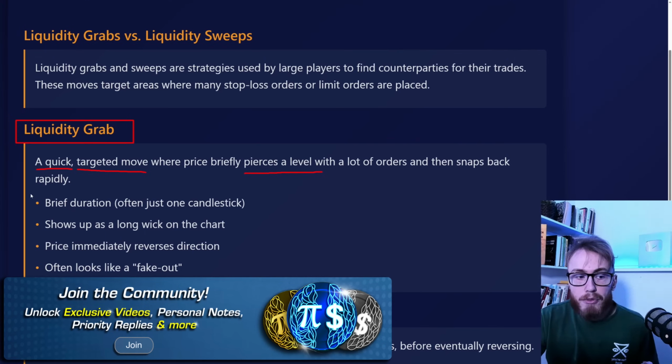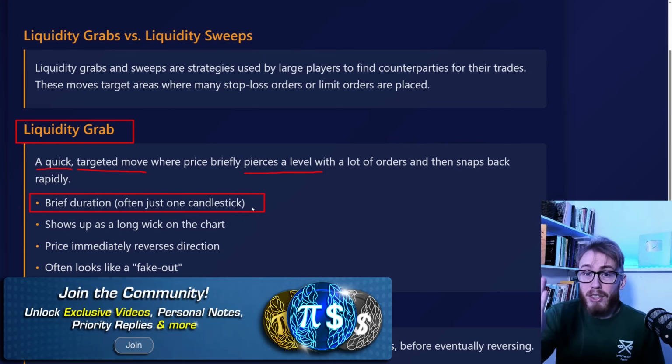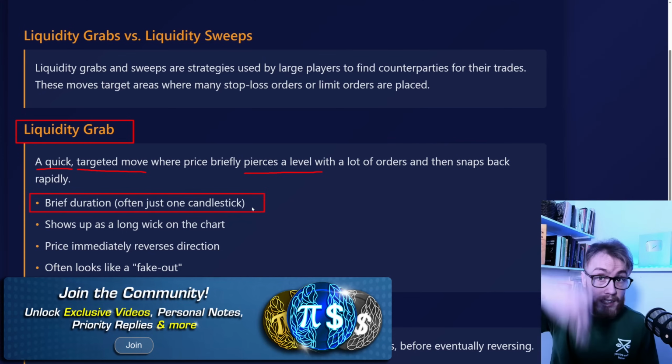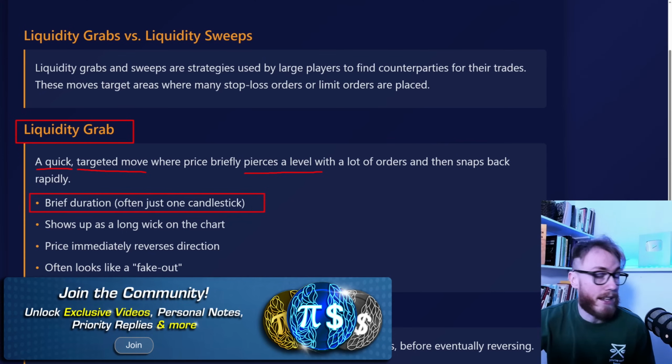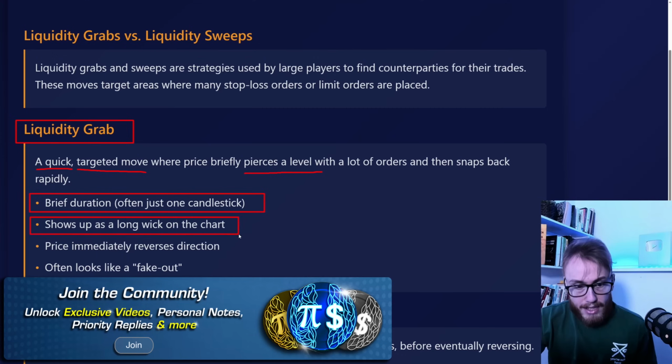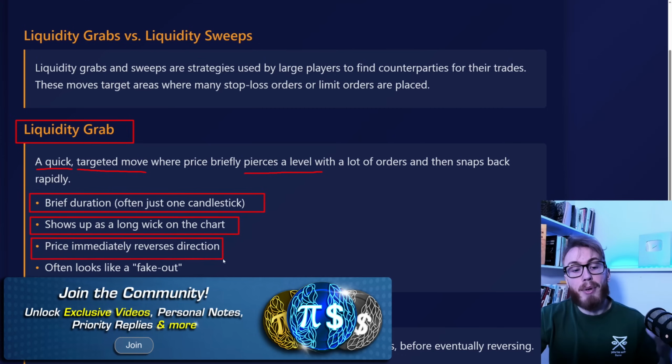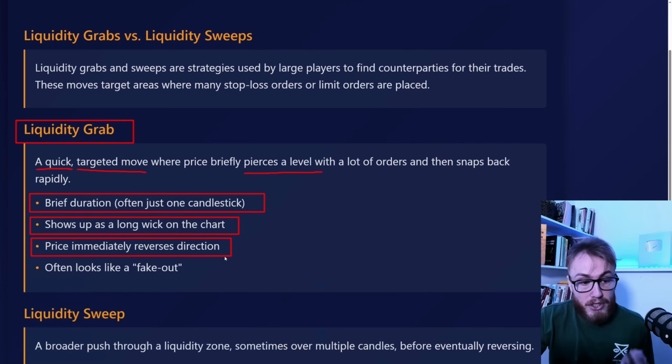So what we're looking out for here is, first of all, brief duration. It's usually just one candlestick and usually just a wick above a support or resistance level. As you can see here, it shows up as a long wick on the chart, and price immediately reverses direction.